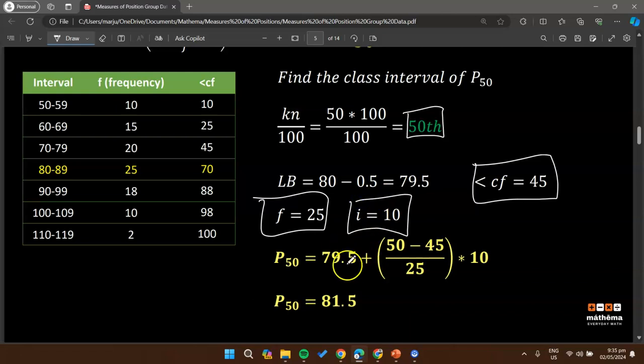If we simplify this, this will just give us 81.50, meaning to say 50% of the students scored below 81.50, and the remaining 50% scored above 81.50.